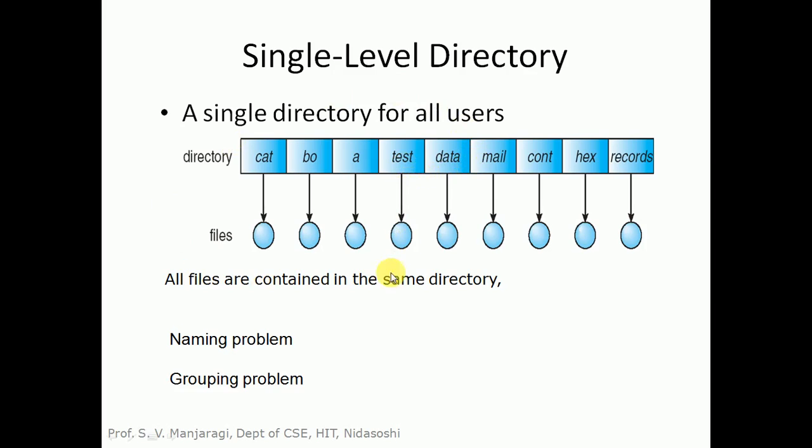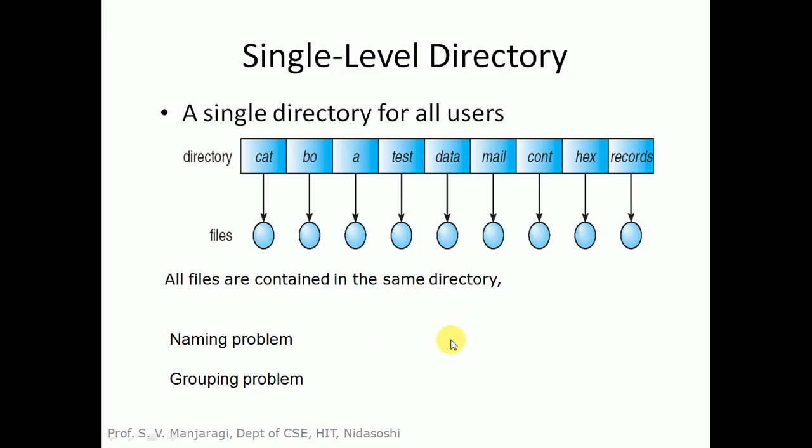So which is not allowed here. That is called a naming problem, and also there is a grouping problem. We cannot group the files with the same name. That is what grouping problem occurs in single level directory.